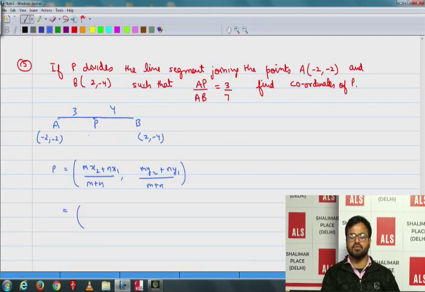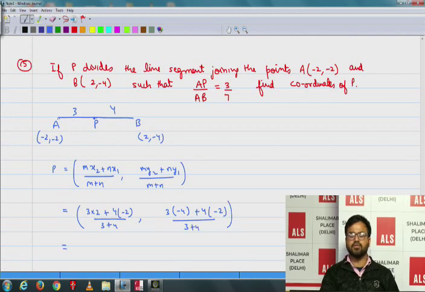So 3 into 2 plus 4 into minus 2 over 3 plus 4, and then 3 into minus 4 plus 4 into minus 2 over 3 plus 4.